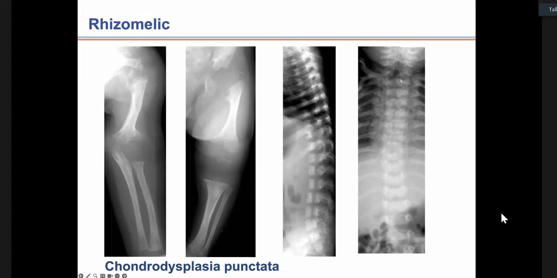And then we have the coronal clefts on the lateral running through in the coronal plane, and the sagittal clefts on the AP, which are usually what we call butterfly hemivertebrae. So sagittal clefts and coronal clefts are actually quite common in chondrodysplasia punctata. And remember that the punctate calcifications coalesce and may no longer be visible by the time the child is 3 or 4 years old.